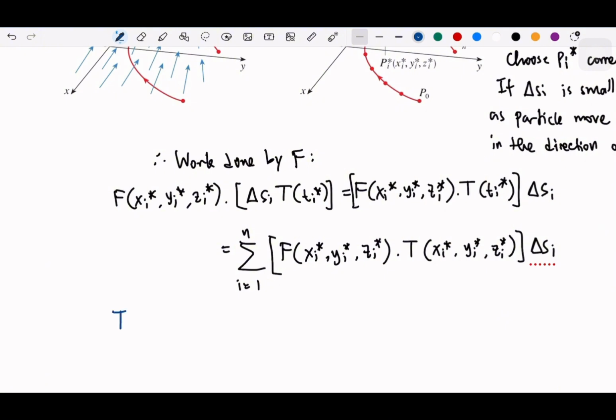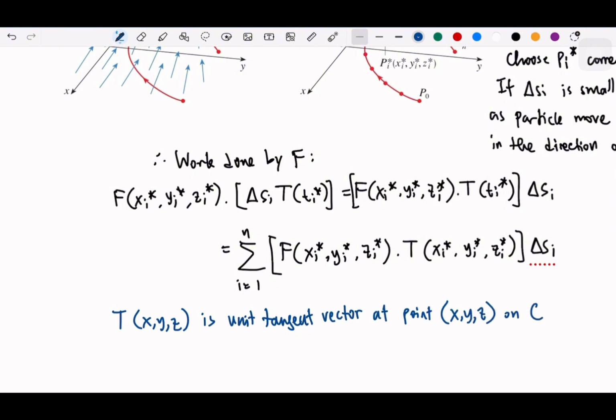Right, T of x, y, z is the unit tangent vector at point x, y, z on C. And of course, this sum we can write as a Riemann sum definition for the integration. Okay.